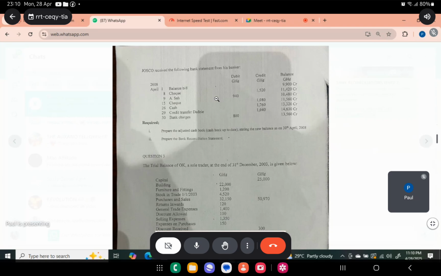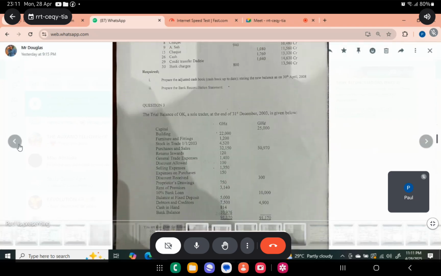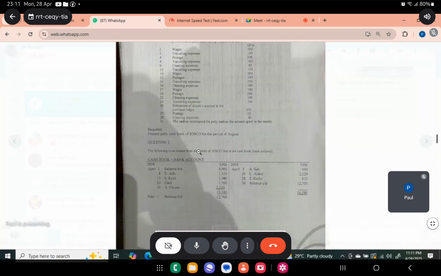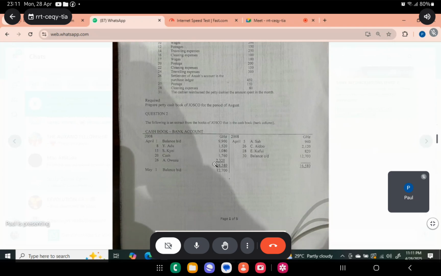And then when you come to credit transfer, Dazi transferred money without informing you, but you are seeing it in your bank statement. So when you check your cash book, it's not showing that Dazi has actually paid you. So what it means is that your cash book's total amount is less than what you have as the real balance from the bank.